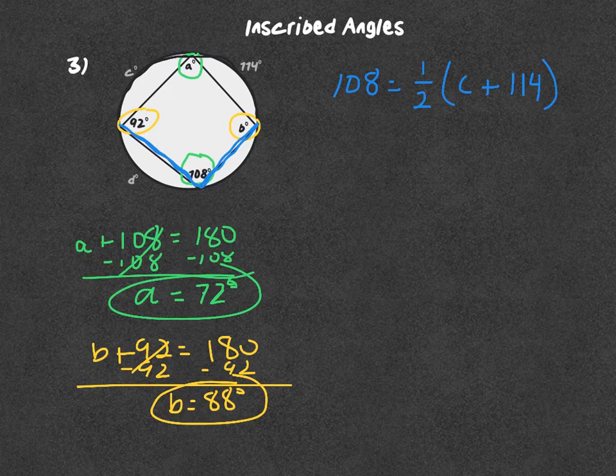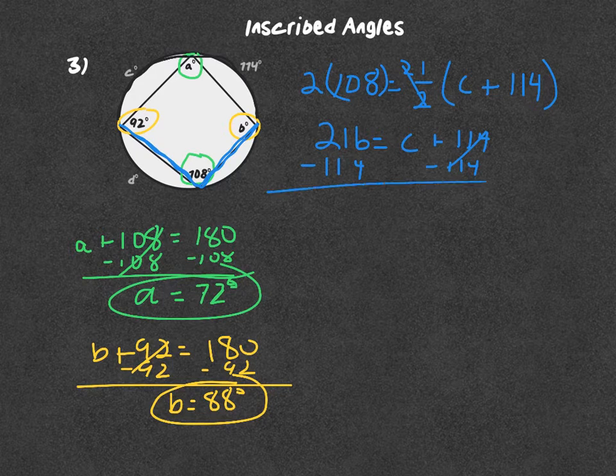You can solve in a couple ways. If you multiply by 2, then you get 216 equals C plus 114. And then you can subtract 114 away. And you're left with 102. So 102 is what C equals.